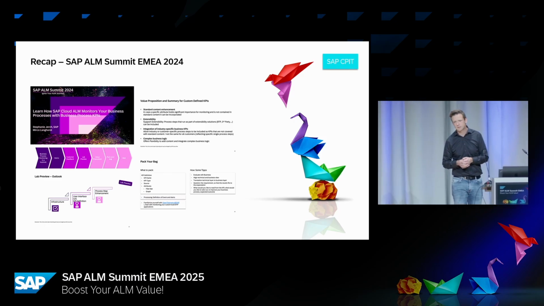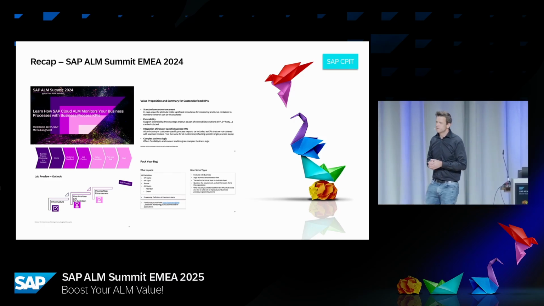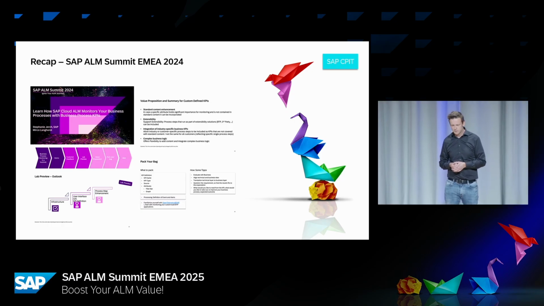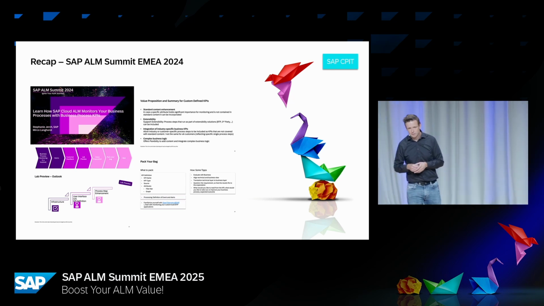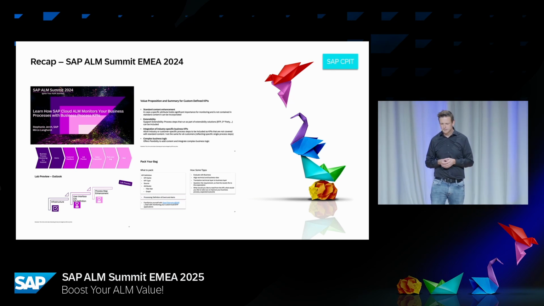We have been a customer for about 4 years with business process monitoring and Cloud ALM. And last year, Stefanie was talking about the custom-built KPI functionality, and this became known to us.